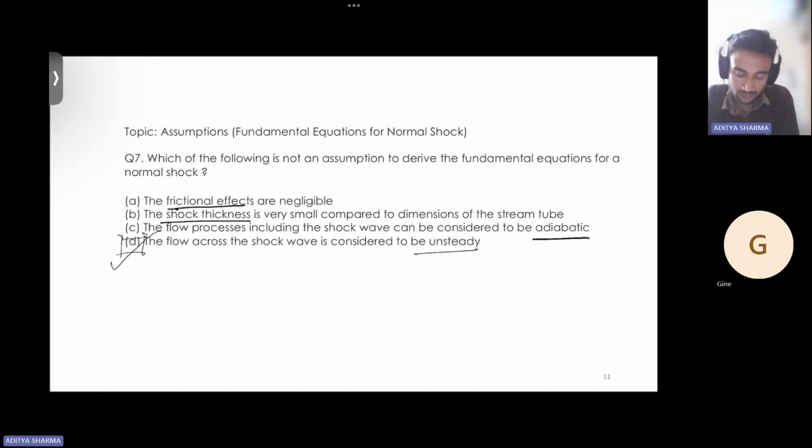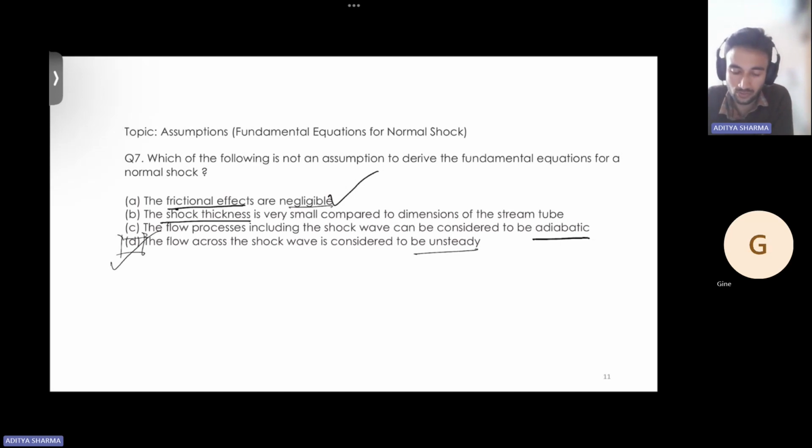Okay. So yes, the frictional effects are negligible. When we are trying to study normal shocks theoretically, we make some assumptions, and frictional effects in that case we neglect.